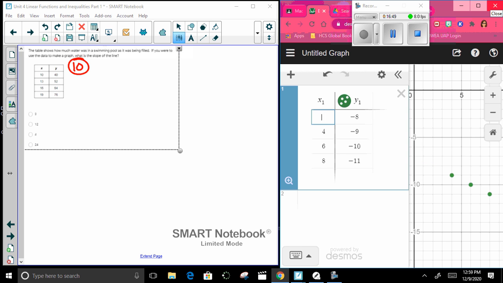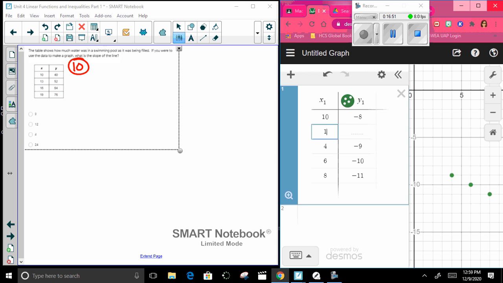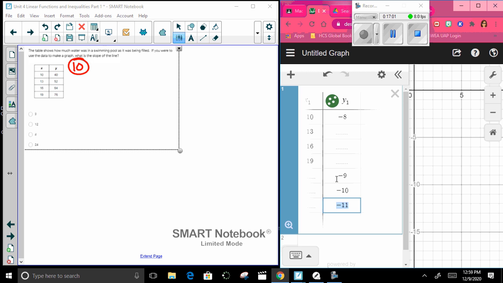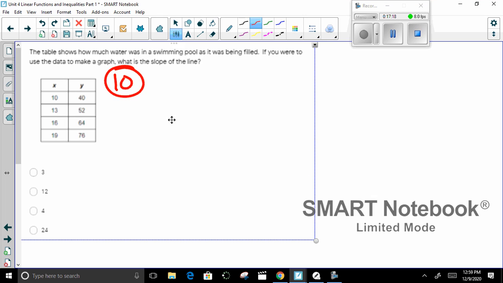All right, I'm going to put them in. All right, so 40, 52. I gotta make this bigger for one sec to make sure I see those numbers.